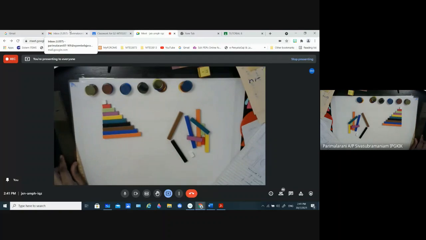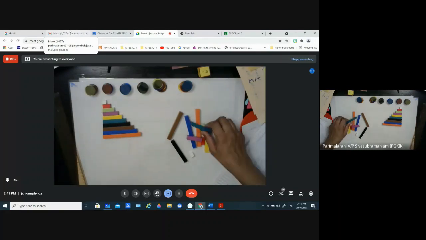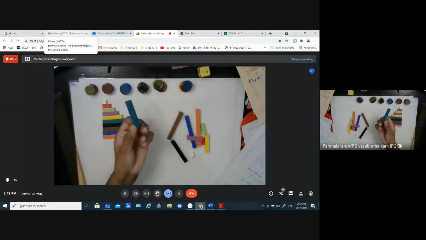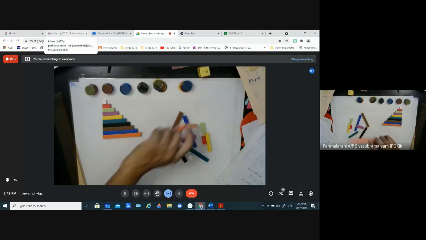They have to memorize. And a good way to teach them about Cuisenaires, to have them memorize, is to let them play with it. First, we ask them to arrange it in a step like this. Once they've learned to arrange it like a staircase, they must learn to arrange very fast. Then we ask them to memorize the colors. Then we hold up a color and ask them what number this represents.